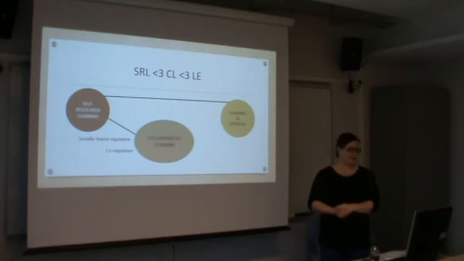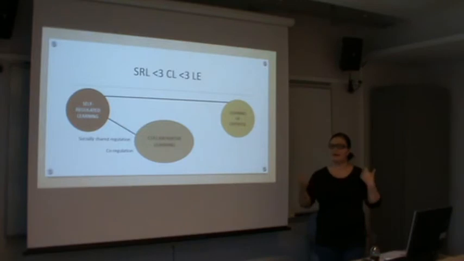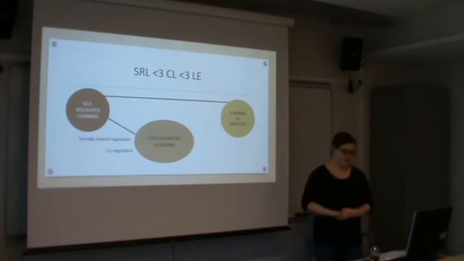We are not going into details on those, they are not part of this lecture, but basically they mean that the students or pupils working in teams are regulating each other's learning processes, or they are together regulating the whole team's learning process.